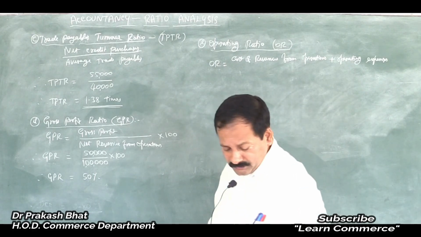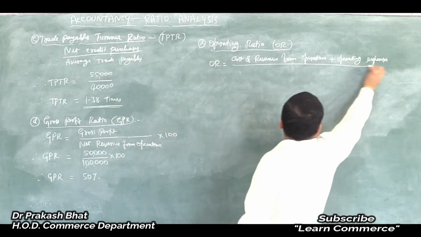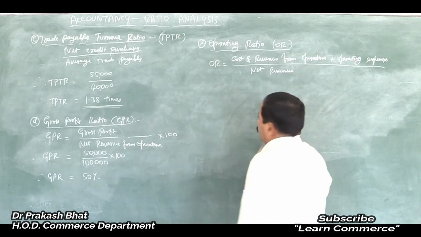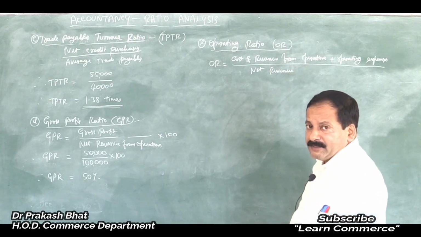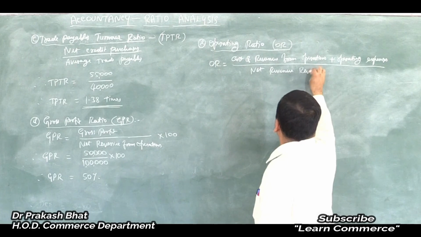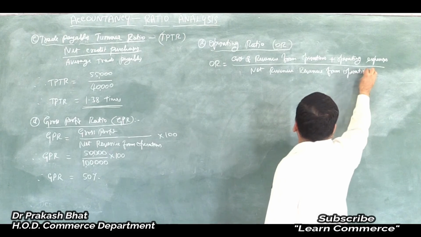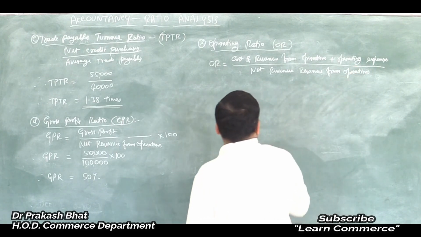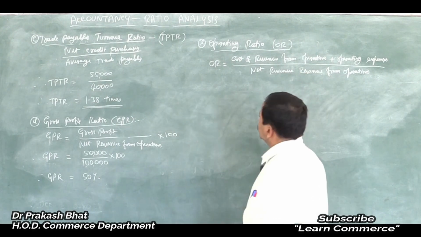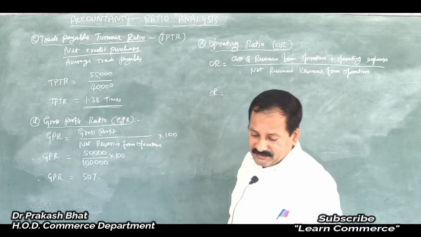Now let us move on. Divided by net revenue from operations. Net revenue from operations, you know it is 1 lakh only, because there are no sales returns. If there are returns, you have to deduct, and that becomes net revenue from operations, isn't it? So here, now let me write cost of revenue from operations plus operating expenses, right? So OR is equal to cost of revenue from operations. You already calculated how much it is.